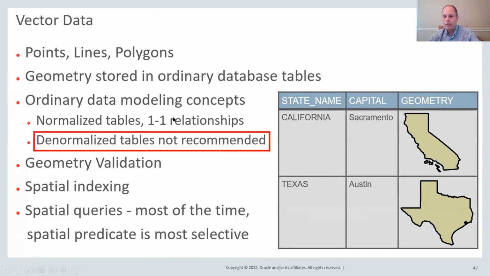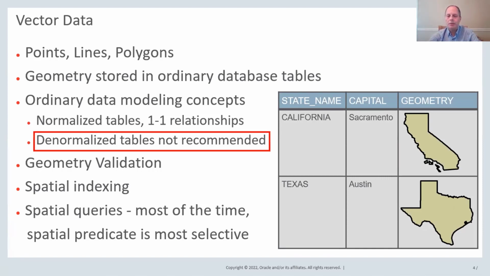Very often in data warehouse applications, joins might introduce overhead that people don't want, and I've seen people denormalize tables. That's not something we recommend doing with spatial data, because it repeats the geometry column. We have a lot of really neat and powerful spatial features, and I'll talk about some of those today.